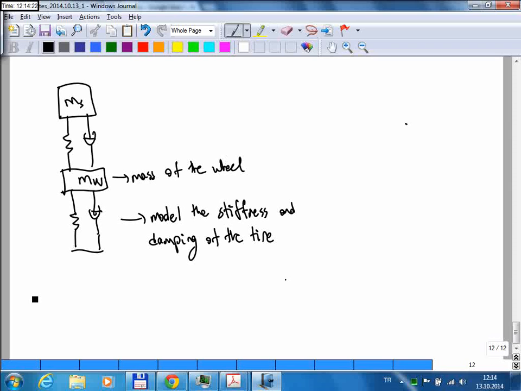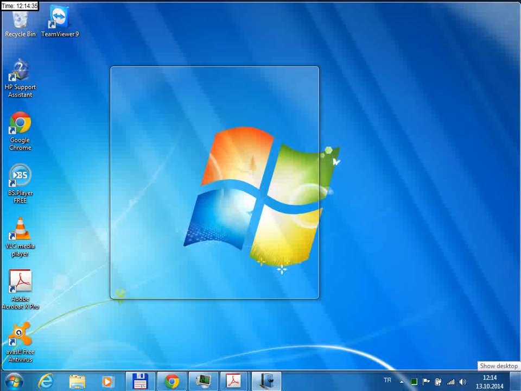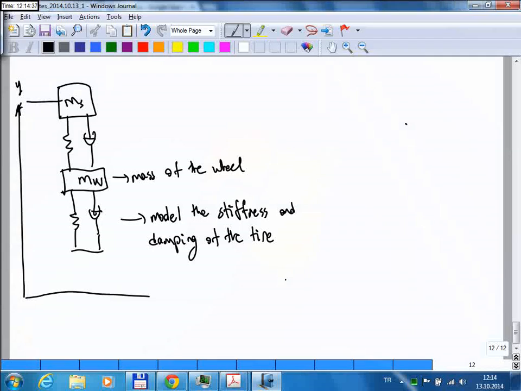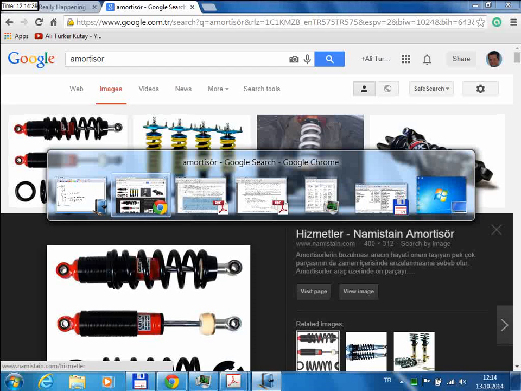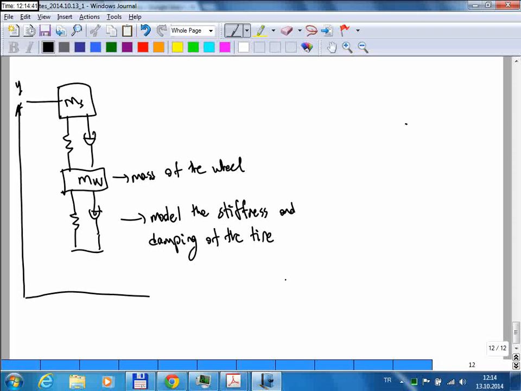Okay, so this is my first coordinate. Let me call this ys, it's what I called it before.